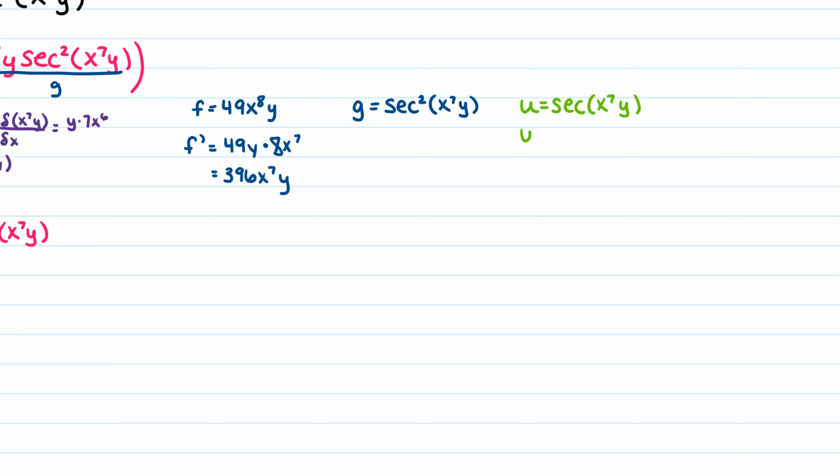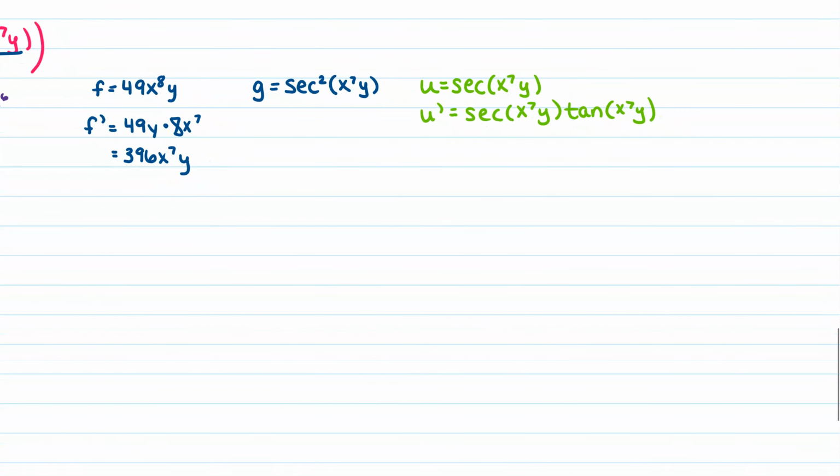And my du, or my u prime, is secant x to the 7th y tangent x to the 7th y. And since it wasn't just an x in there, we have to times by the derivative of x to the 7th y with respect to x. So that, like normal, would become 7x to the 6th y.